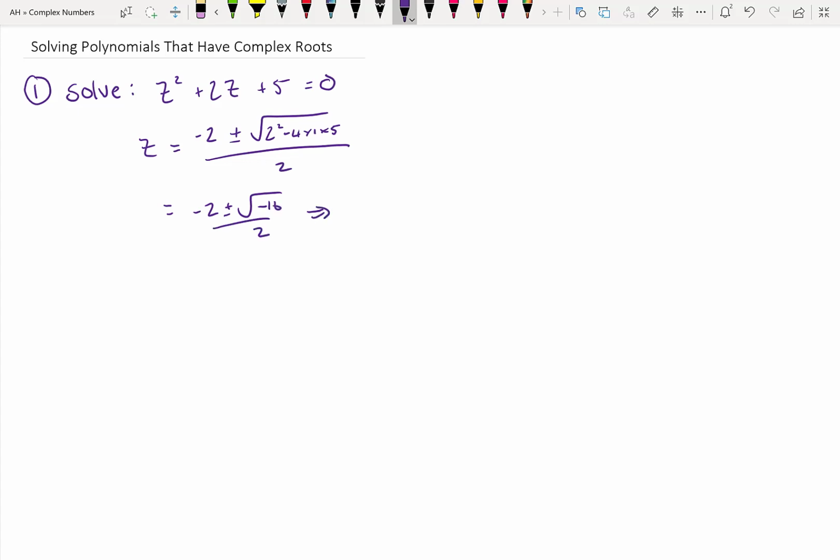And this then is where I'm getting on to z is equal to minus 2 plus 4i over 2, or minus 2 minus 4i over 2, which equals minus 1 plus 2i, and here we've got minus 1 minus 2i. Okay, so again, I've shown that I can find the roots. I can just use my equation, easy.